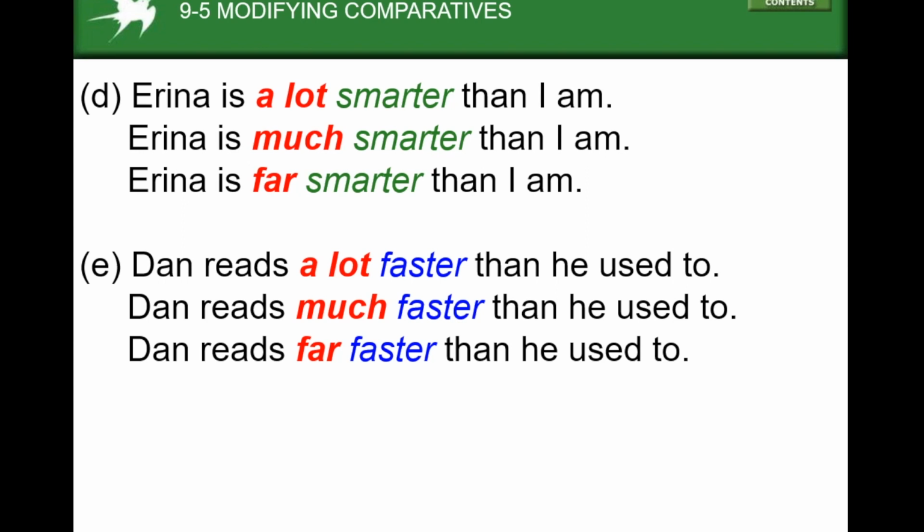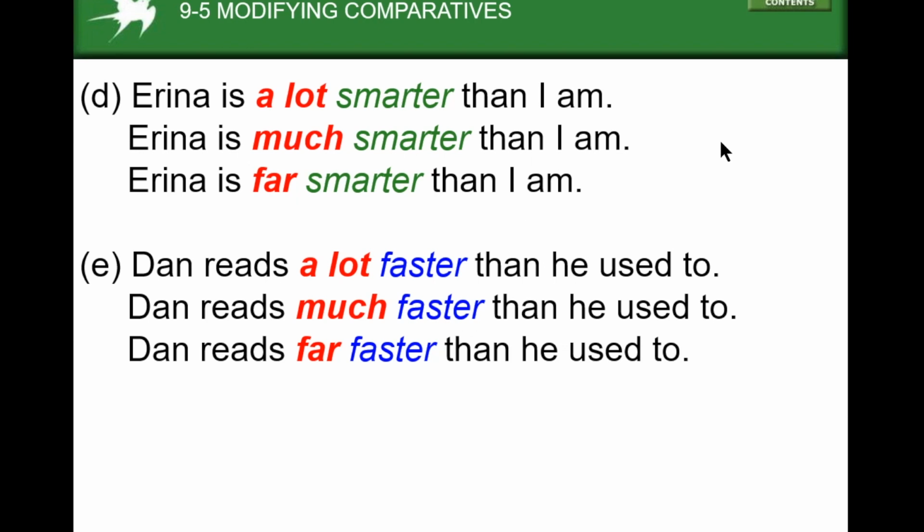We use modifiers to add more information, so everybody knows how big the difference is when you're comparing two things. When you want to show the difference between these two people is big, you can put a lot, much, or far in front of comparative adjectives and adverbs.